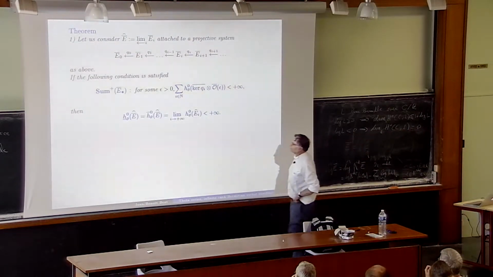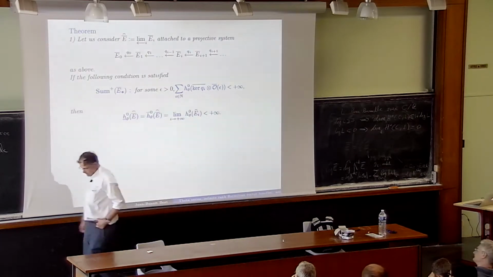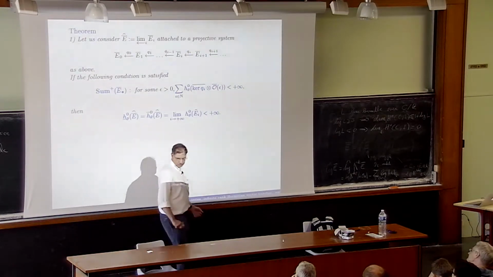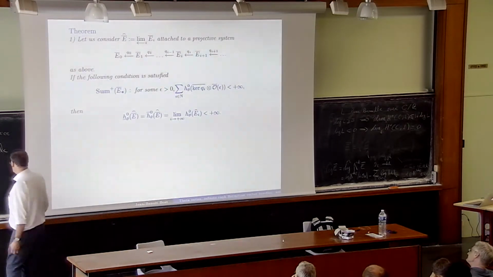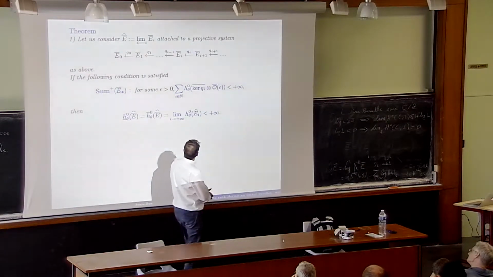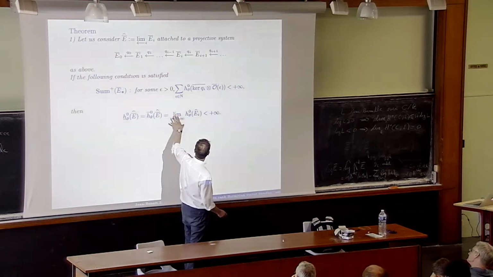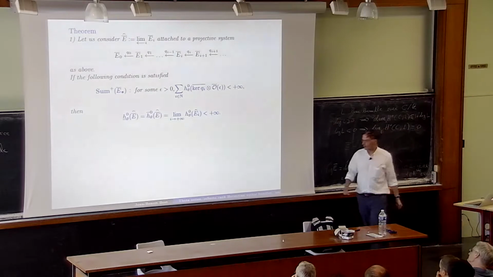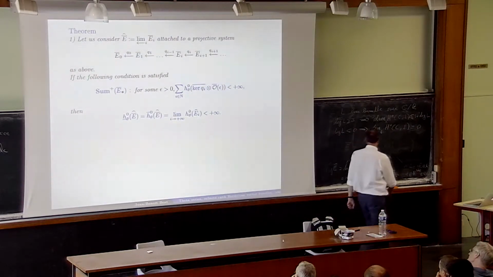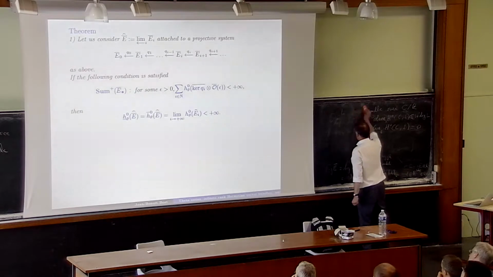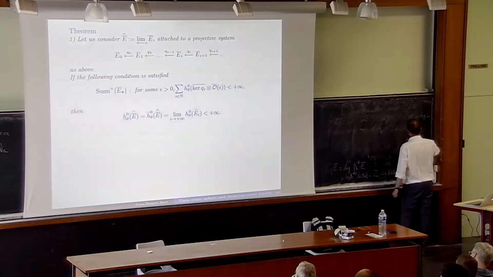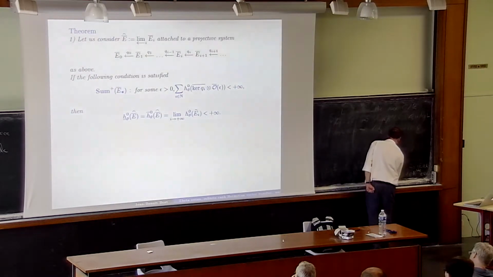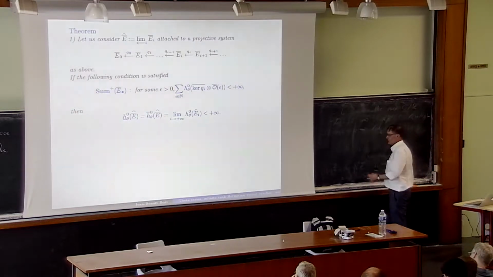So the point of this theorem is that, for instance, something that is easy to see is that this limit exists. It's a simple consequence of the subadditivity of H0 theta.